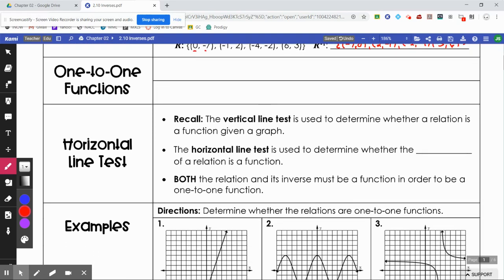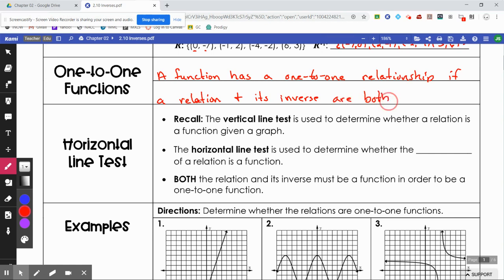Now next up, a one-to-one function. A function has a one-to-one relationship if a relation and its inverse are both functions.